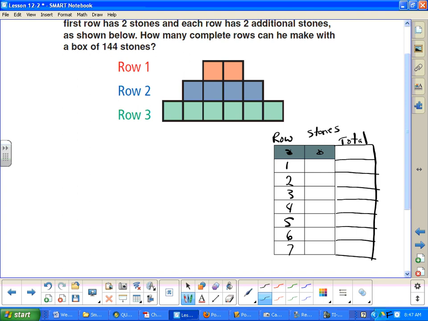All right. So I'll start and make a list of numbers. Okay, let's see. There's 2 in the first row, right? And that gives me a total of 2 that I'm using, doesn't it? In row 2, I have 4 stones, which means now I have a total of 6, right, that we're using.